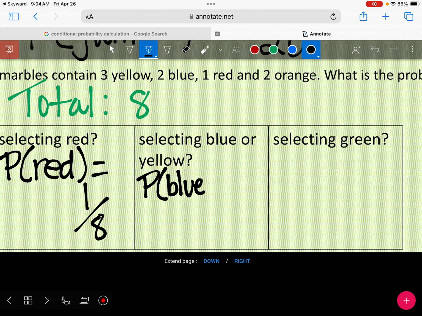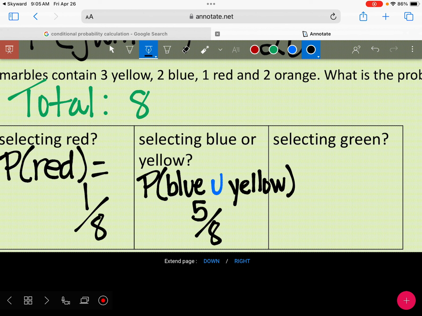Blue, and then this is the symbol for or, yellow. How many over 8? So I have to add 2 together now. How many blue and how many yellow do we have? All together, because there's 3 yellow and 2 blue, it would be 5 out of 8.